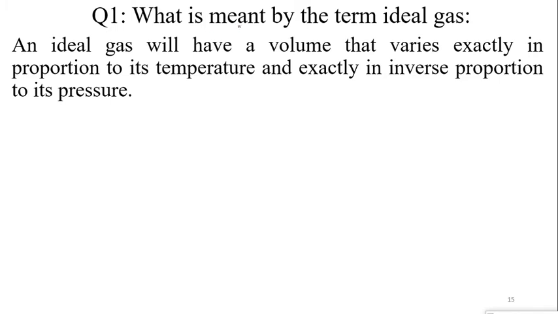So what do we mean by the term ideal gas? We mean by ideal gas that the gas has a volume that varies exactly in proportion to temperature and inversely proportional to the pressure.